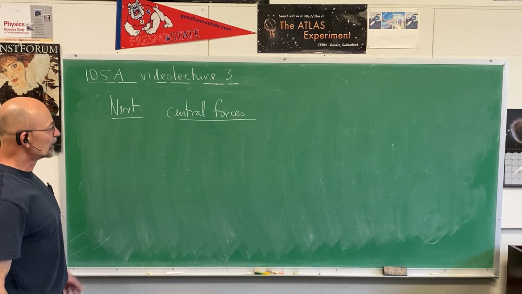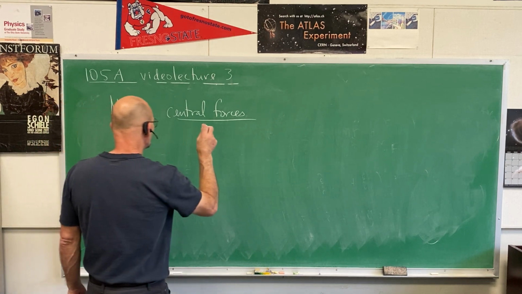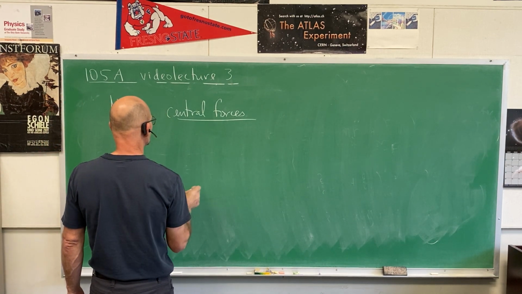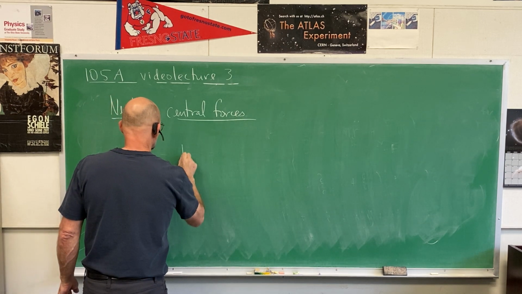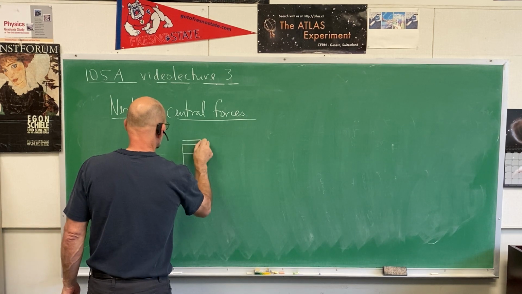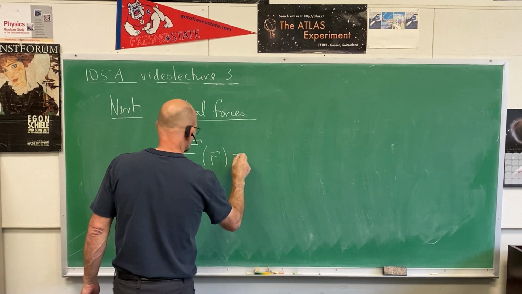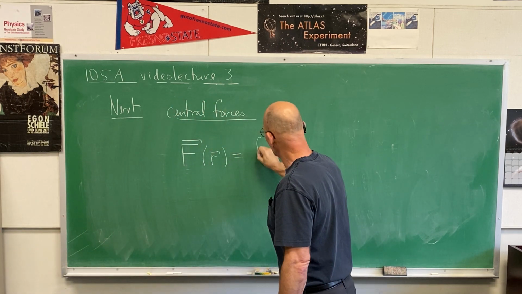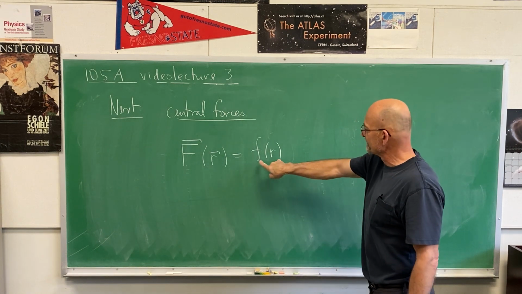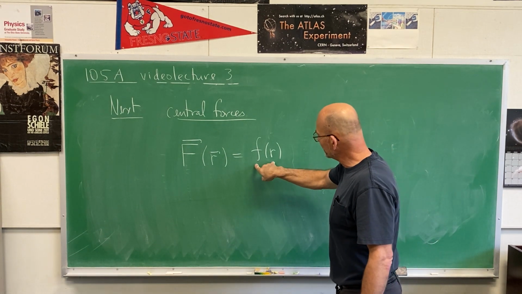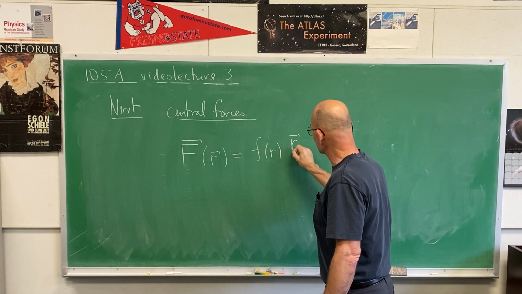So yeah, central forces I've set up pretty well, because a central force is the following. Central force for one particle, you've got your force as a function of position. It has the form of a magnitude that is a function of position and a direction.